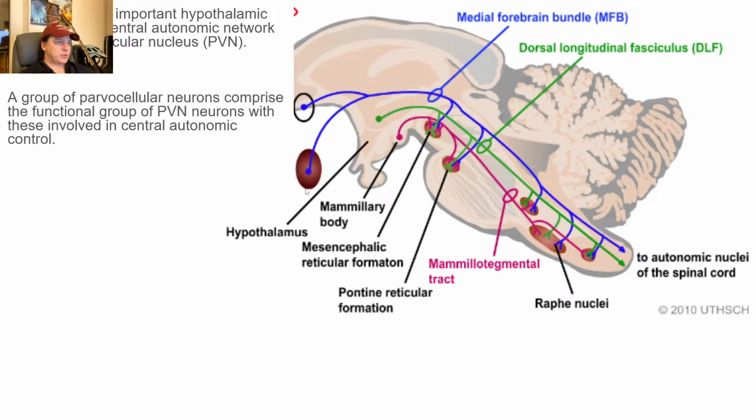So this is the hypothalamus, the main part. Actually the posterior part of the hypothalamus, paraventricular nuclei, mammillary body, mesencephalic reticular formation, pontine reticular formation, mammillotegmental tract, raphe nuclei, and a bit lower there is the locus coeruleus.